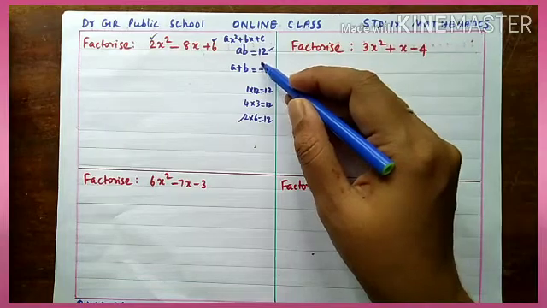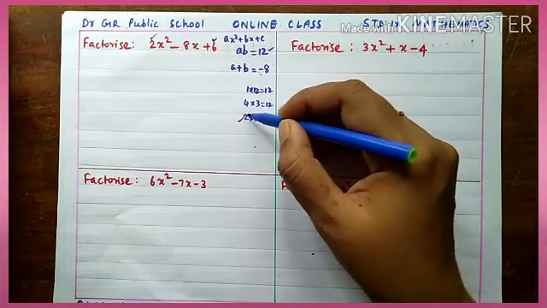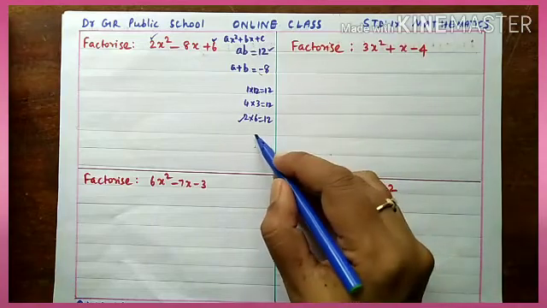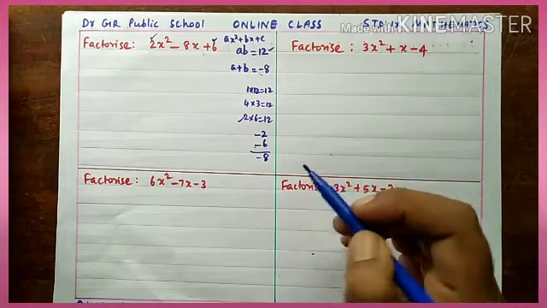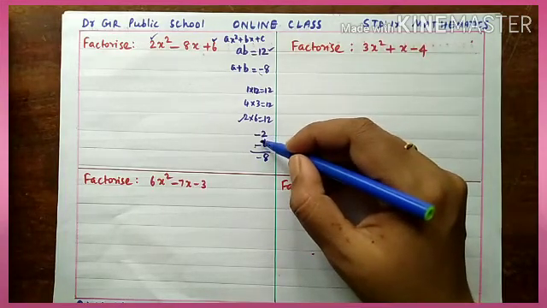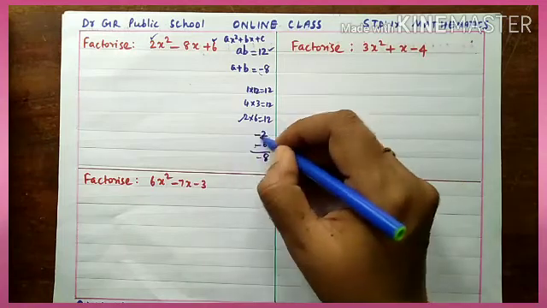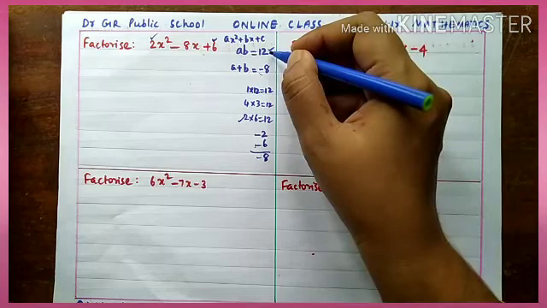And you know here it is minus 8. For minus 8, with 2 and 6, what sign should come? If you put minus 2 and minus 6, then the sum value will be minus 8. And when you multiply minus 2 and minus 6, what happens? Minus 2 into minus 6 is plus 12. So that is only our product.